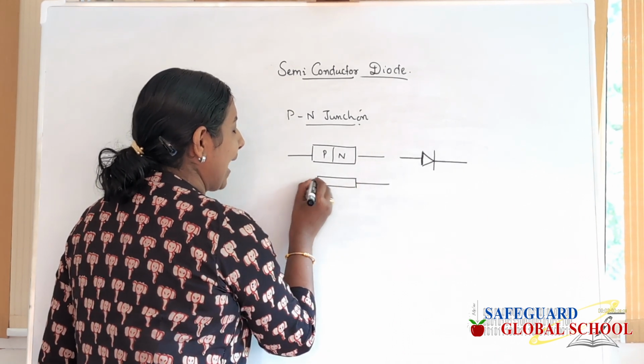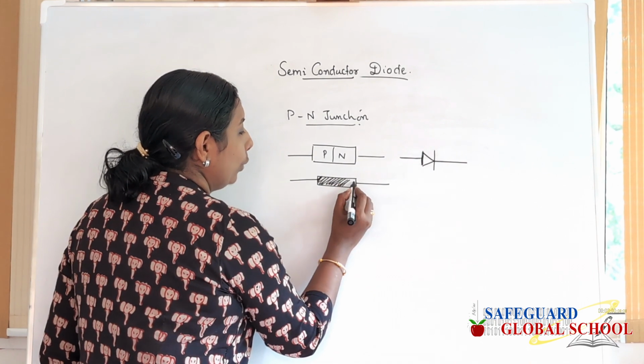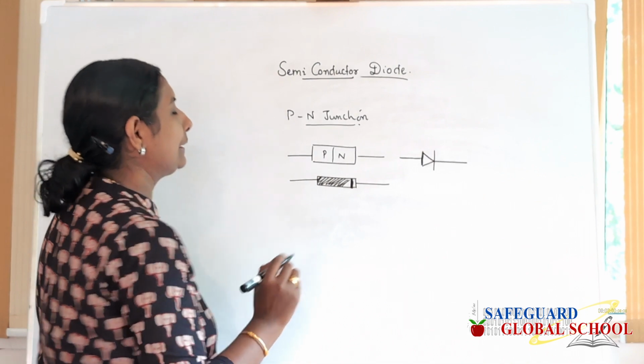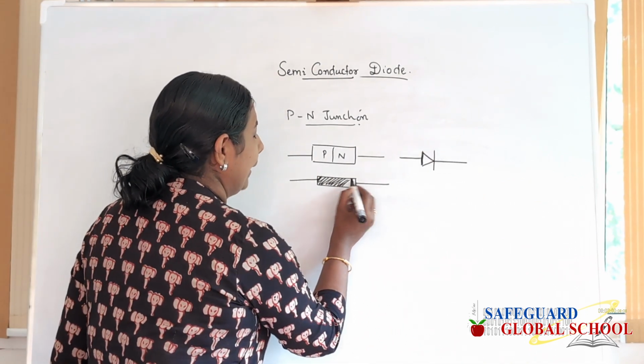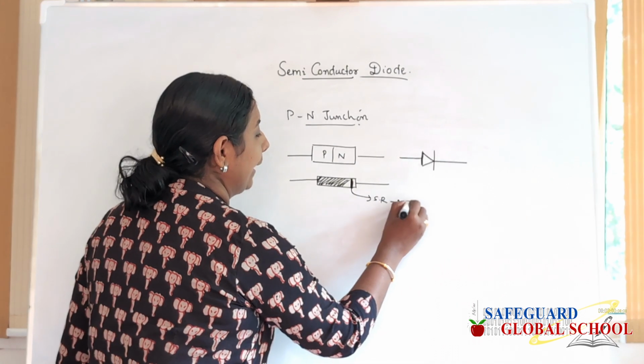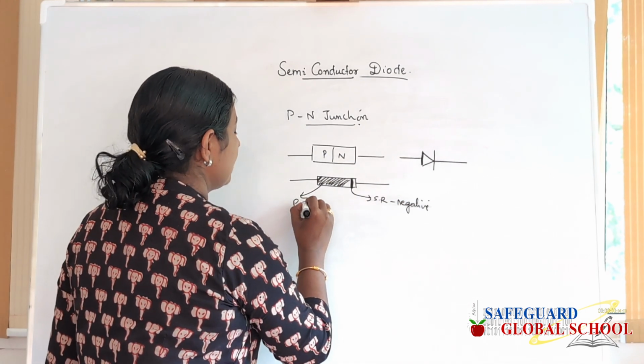It will be a black cylindrical portion with a silver ring. One of the diodes is like this with a silver ring, and the silver ring side is the negative side and the other side is the P side.